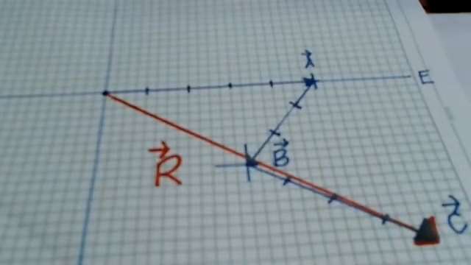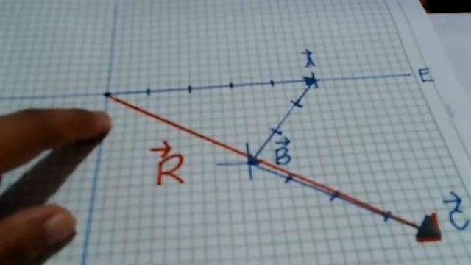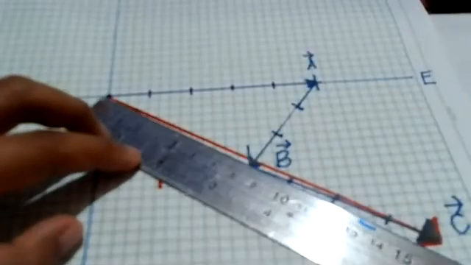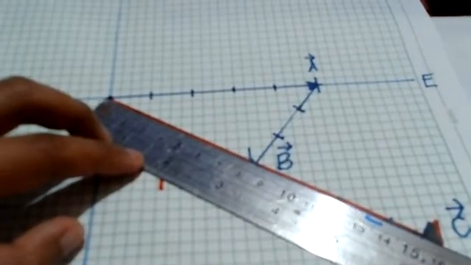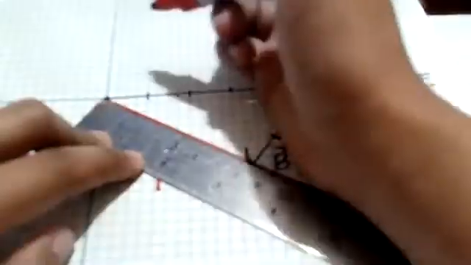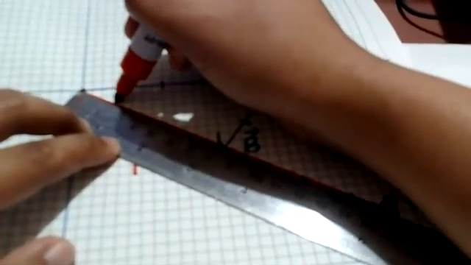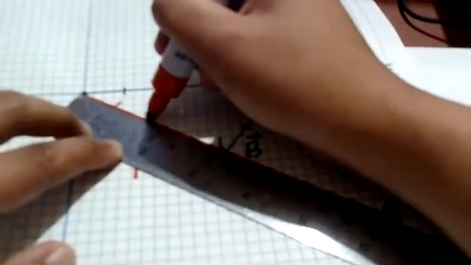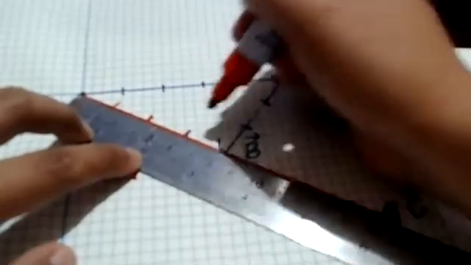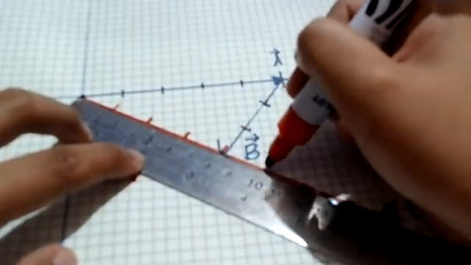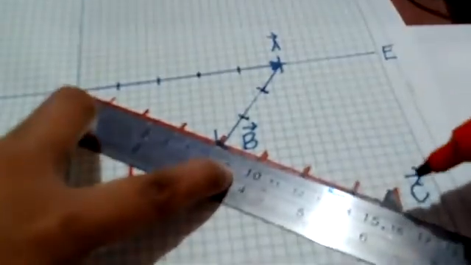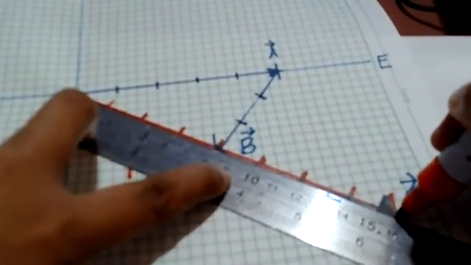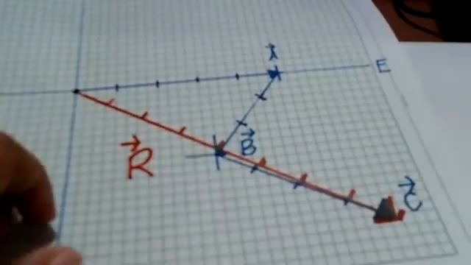Now let's get the magnitude. We said a while ago that in every 2 cm, that's 1 kilometer. So let's get the magnitude of our resultant vector. 2 centimeters, that's 1 kilometer. Another 2 centimeters, another kilometer. 3, 4, 5, 6, 7, 8. Exactly 8.